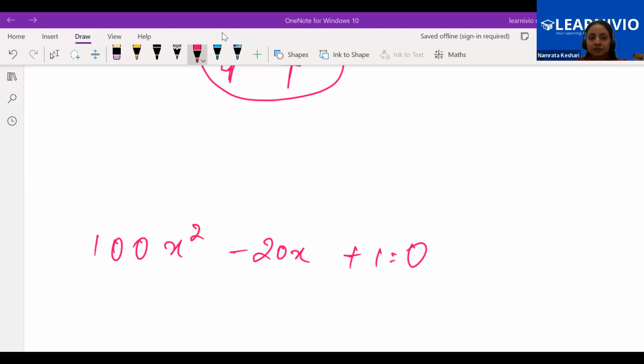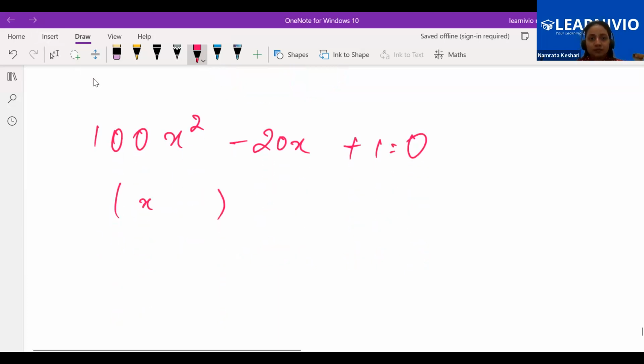So I got the first one as x equal to minus 1 by 10. The other one is just 1 by 10. So 100 AC will be 100, which we can take as 10 into 10.